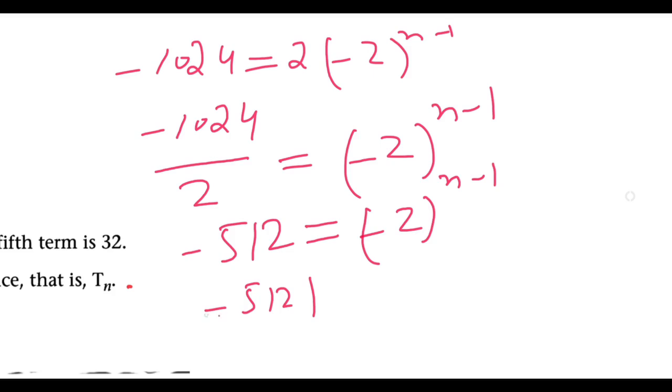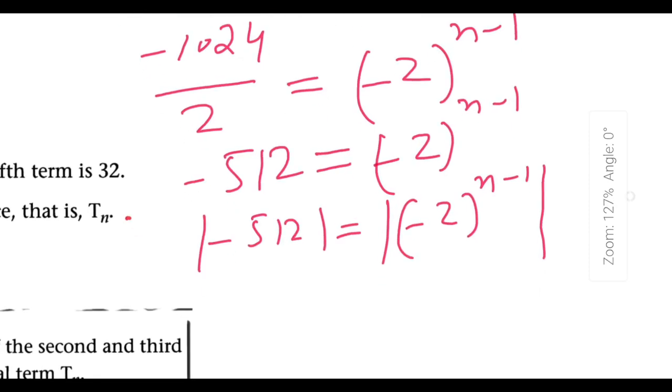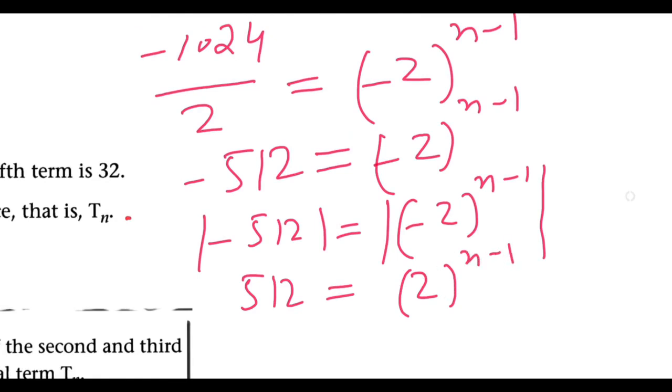So the absolute value of -512 is equal to the absolute value of -2 to the power n minus 1. Now this becomes positive, and this also becomes positive. Now I can apply log here.